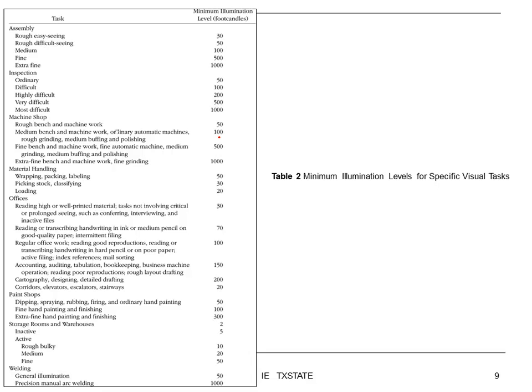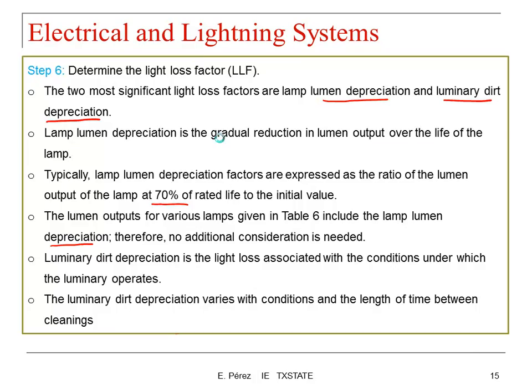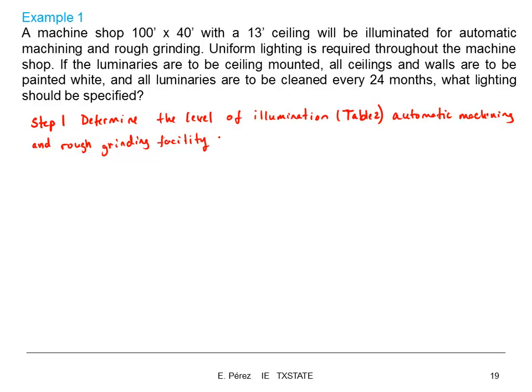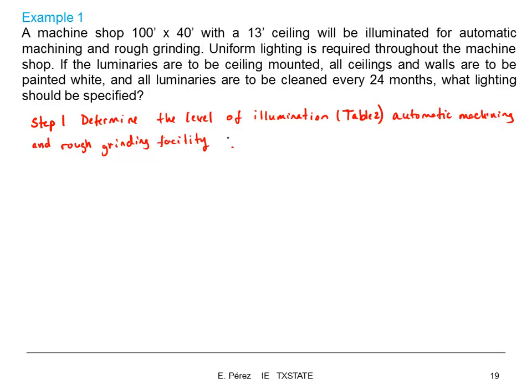So in terms of the minimum illumination level, we will have 100-foot candles. So we need a level of 100-foot candles.